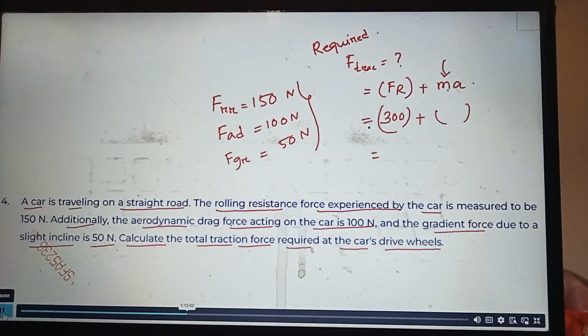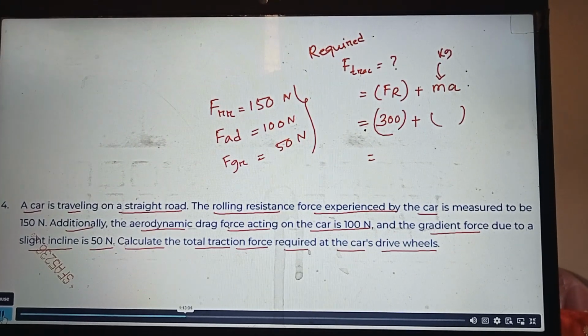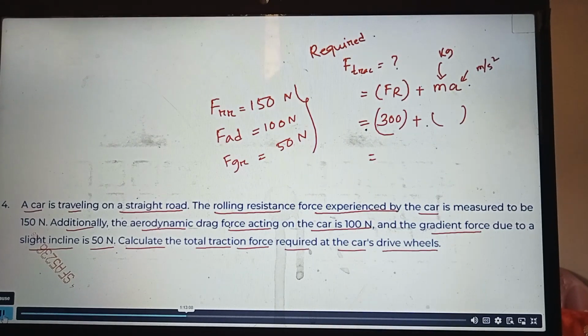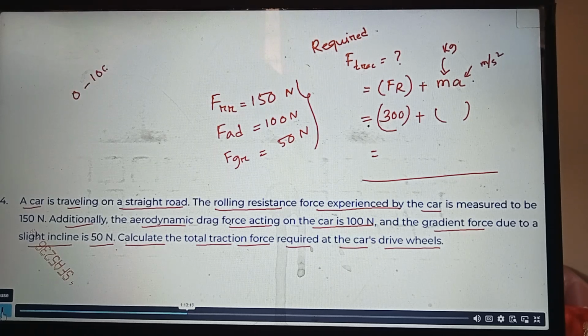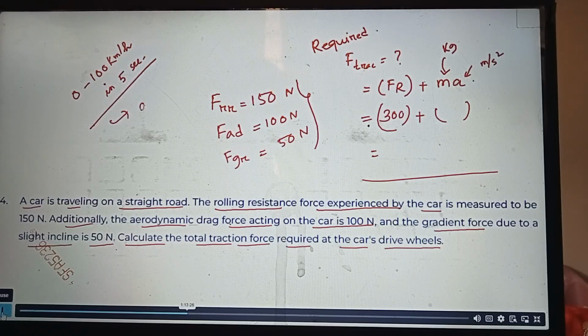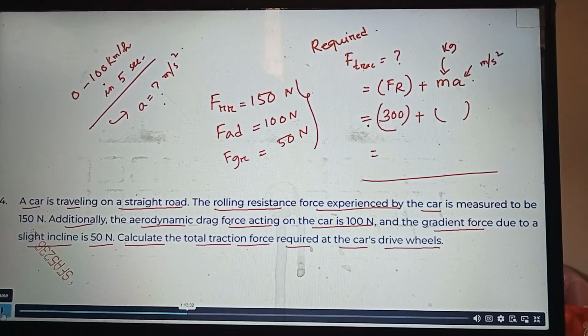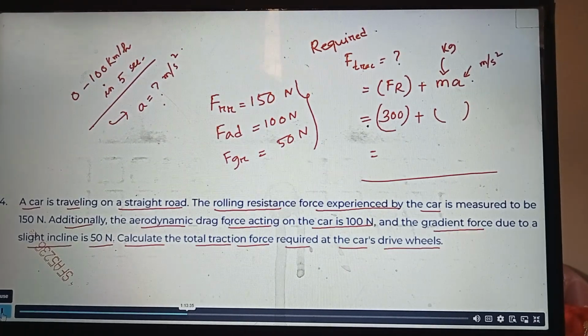Always note, mass you have to put in kg, acceleration in meter per second square. All right. So you put them, you're going to get the answer. So that you can take as a homework. Let's say 0 to 100 km per hour in 5 seconds. Convert it into A, how much in meter per second square. That's it. You're going to get it, right?